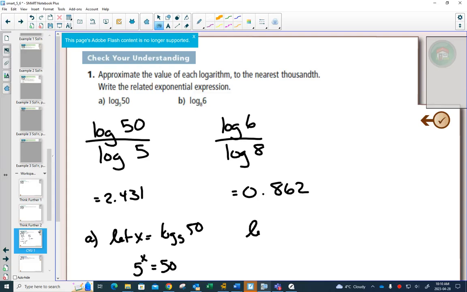In B, if we let x equal log base 8 of 6, this means 8 to the x equals 6, and we now know that x, in order to make that work, would be 0.862. Circle questions 3, 4, and 5.